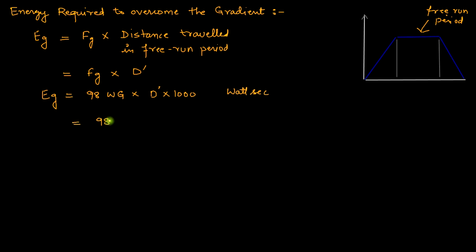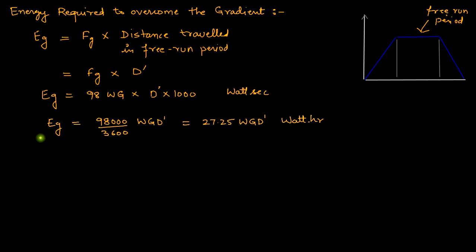Let us do so. It will be 98,000 divided by 3600 Wg d dash, where W is the dead weight, G is the gradient, and d dash is the distance traveled in the free run period. This is Eg, and further solving it, I will get 27.25 Wg d dash watt hour.